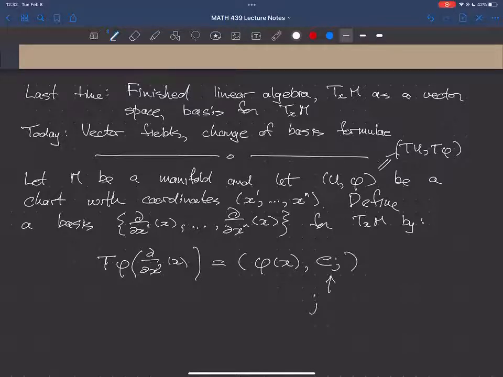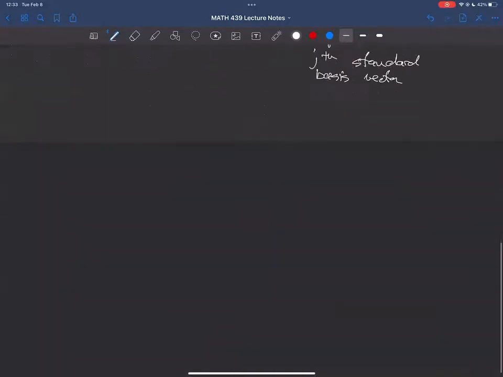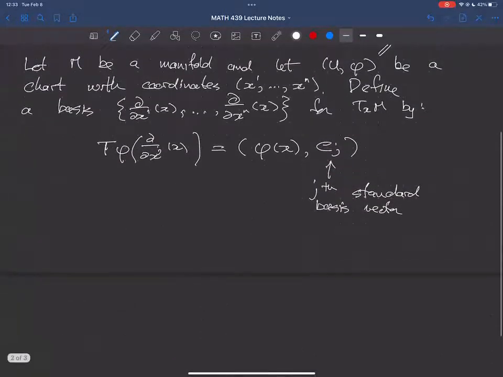Remember, this is the jth standard basis vector. So that's where we got to last time.